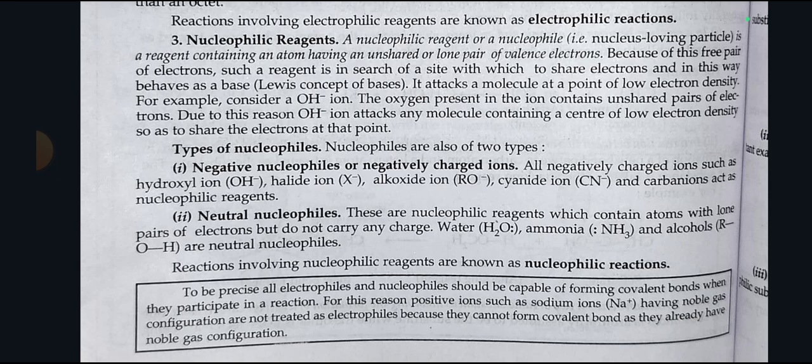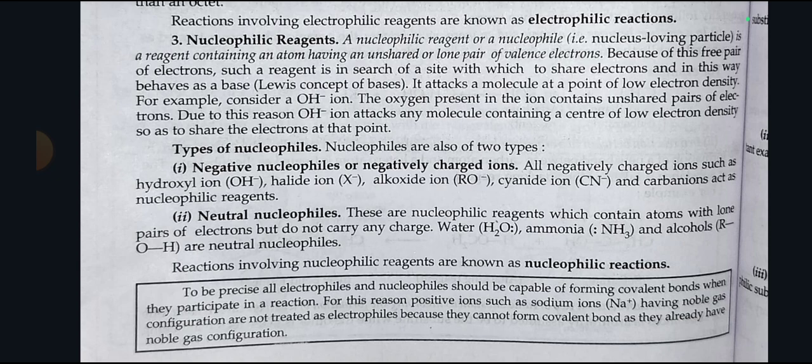Types of nucleophiles. Nucleophiles are also of two types. First, negative nucleophiles or negatively charged ions. All negatively charged ions such as hydroxyl ions OH-, halide ions X-, alkoxide ions RO-, cyanide ions CN-, and carbanions act as nucleophilic reagents.